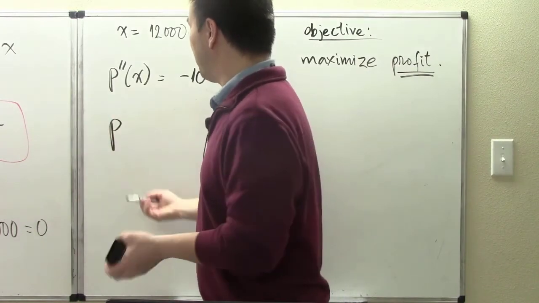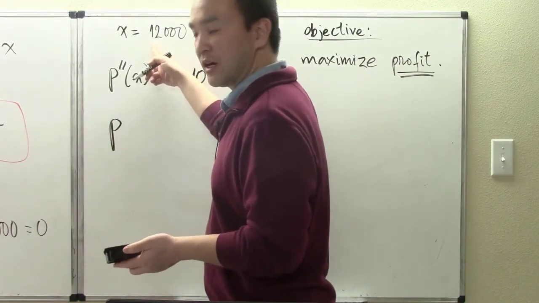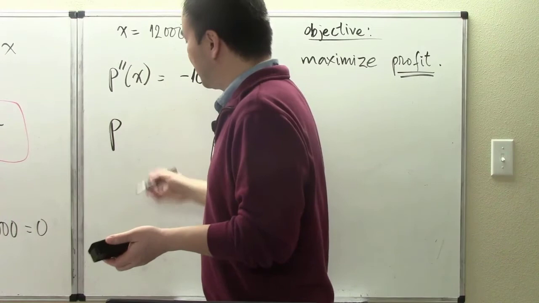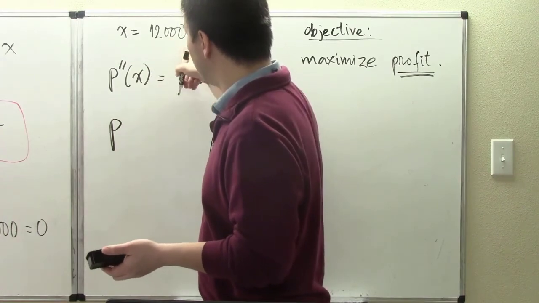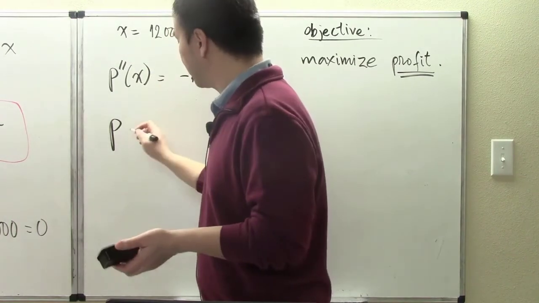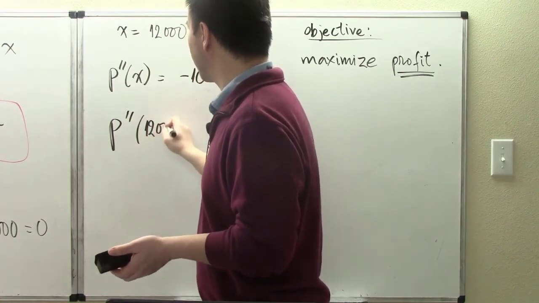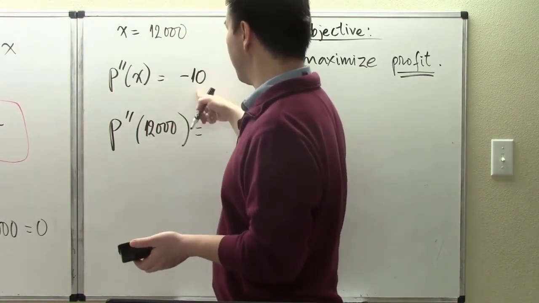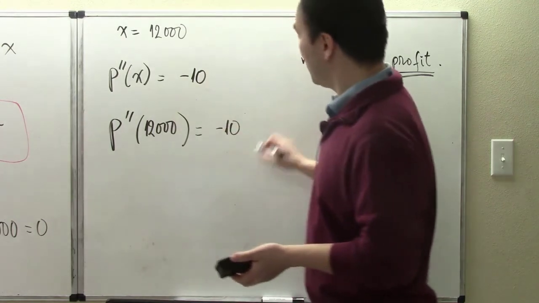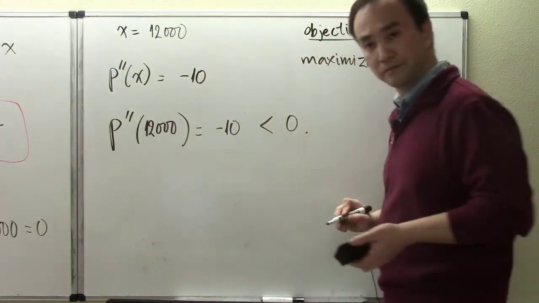Now to check whether our critical value gives a maximum or minimum, I am going to substitute this critical value into the second derivative. So P double prime at 12,000 is the same as that constant negative 10, which is a negative value.